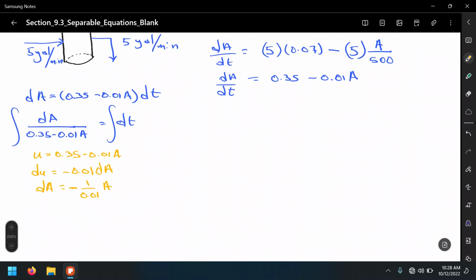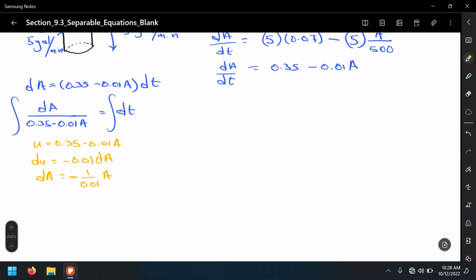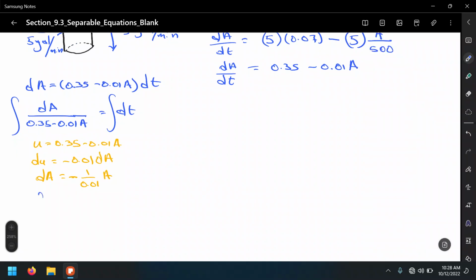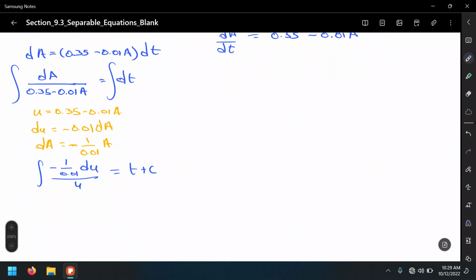So that's going to be the correction factor for the left-hand side, and that's going to give us the integral of negative 1 over 0.01 du over u, and we can integrate the right-hand side. That's t plus c.